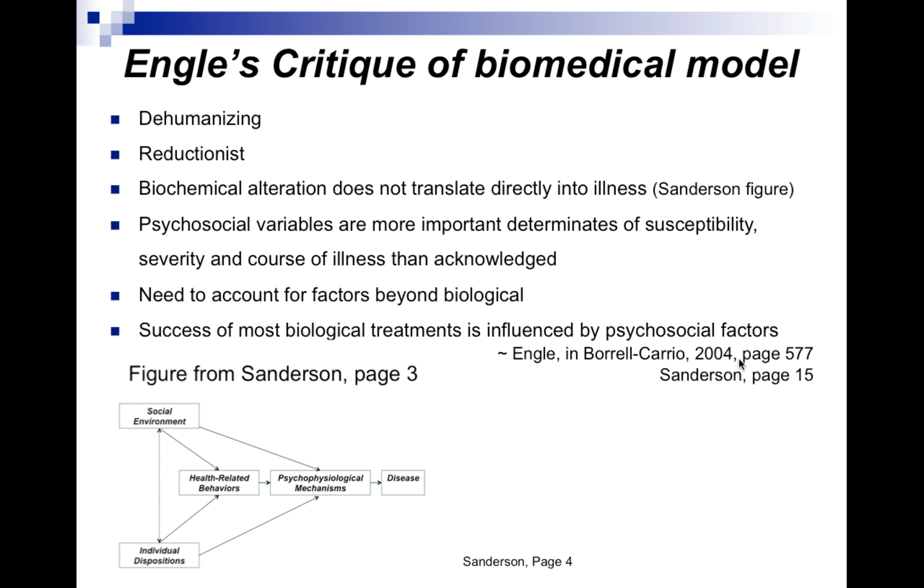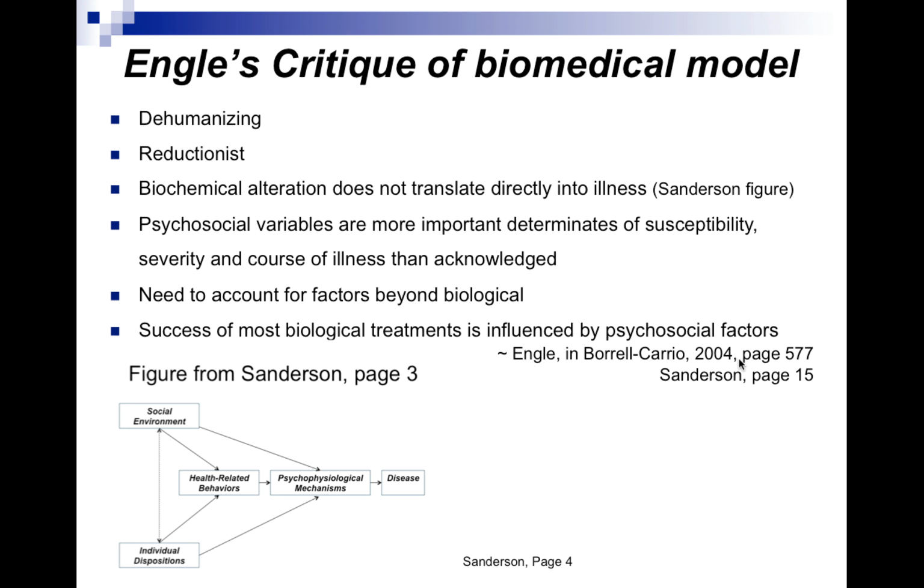As we saw in our text, health issues are impacted by and impact psychological factors, health behaviors, and physiological factors. Further, psychosocial variables are more important determinants of susceptibility, severity, and course of illness than acknowledged in the biomedical model.